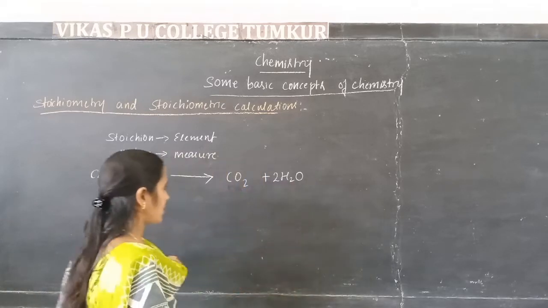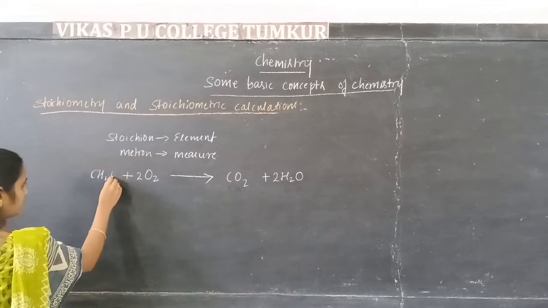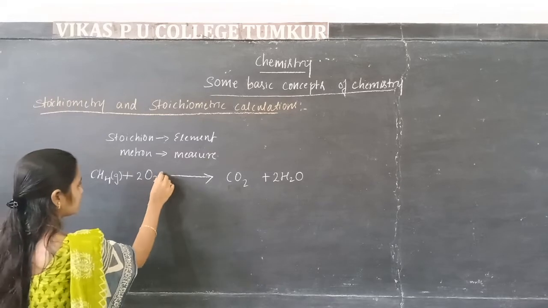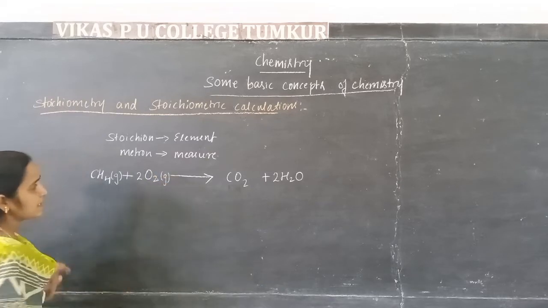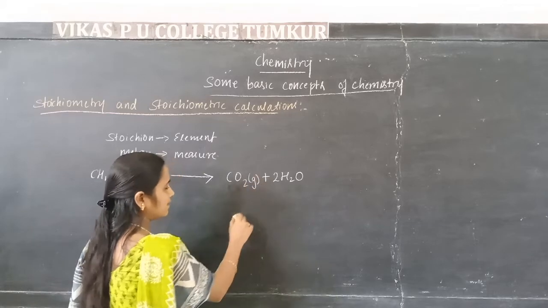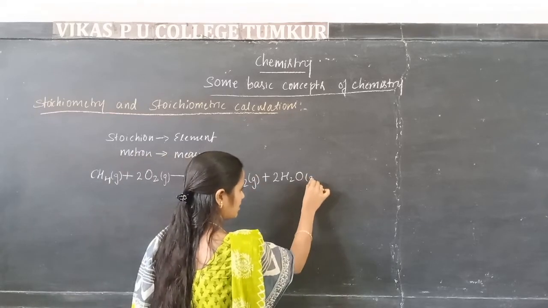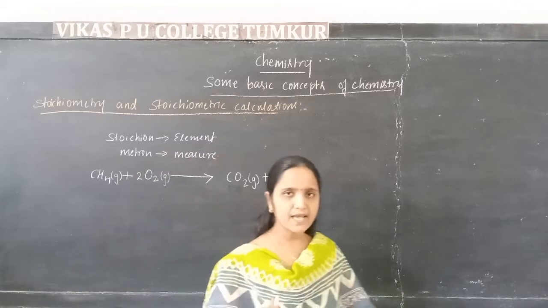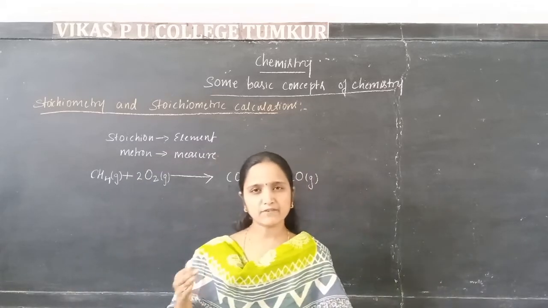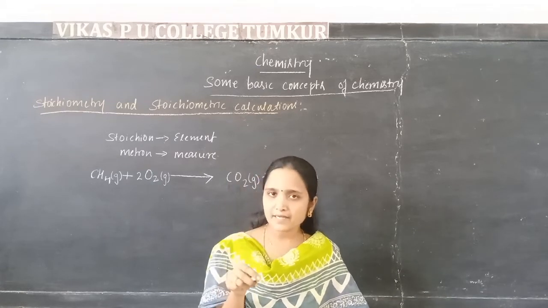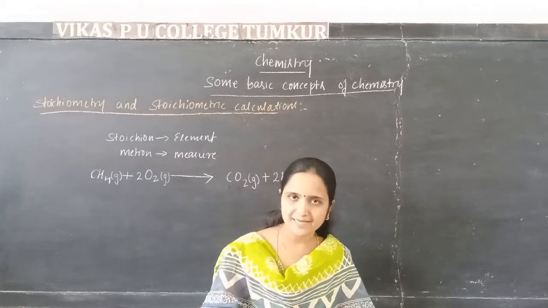Here I have mentioned G in brackets after methane. This G represents that the reactants and products are in the gaseous state. Sometimes in chemical equations we mention S, which means the reactants or products are in the solid state.